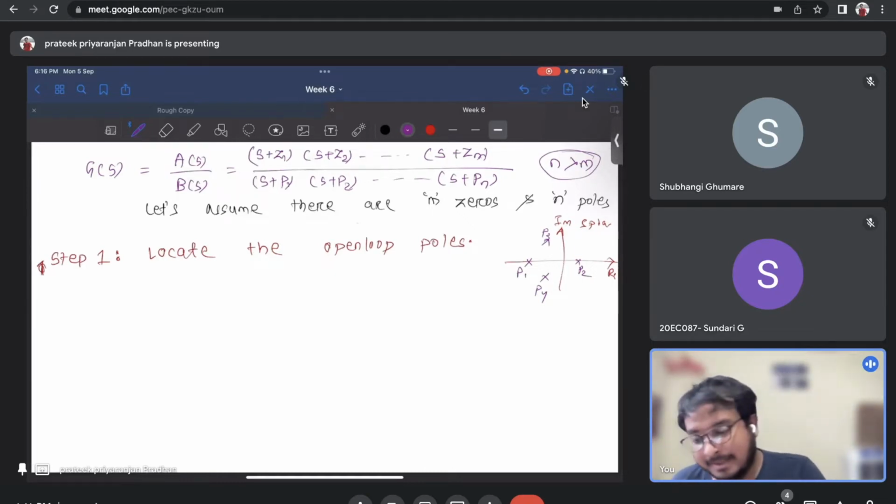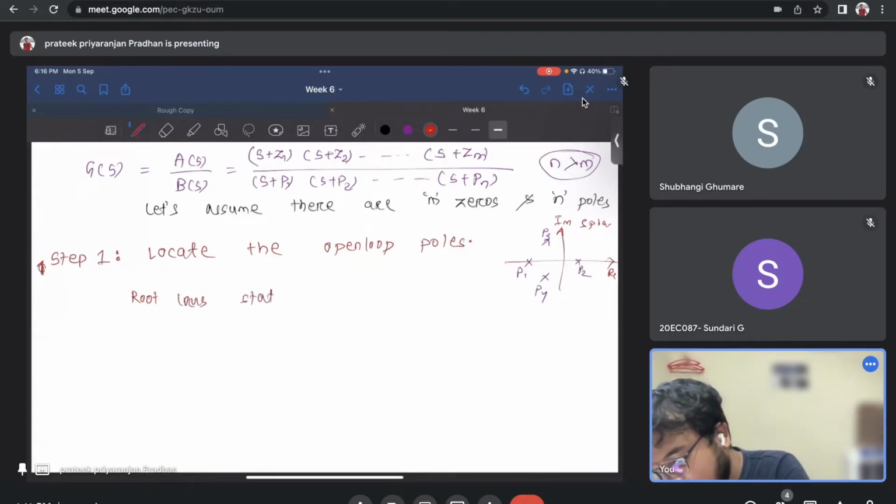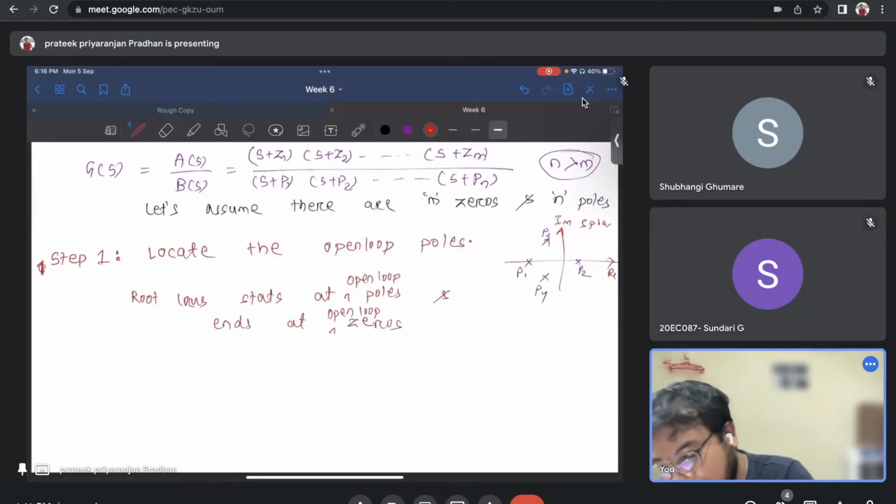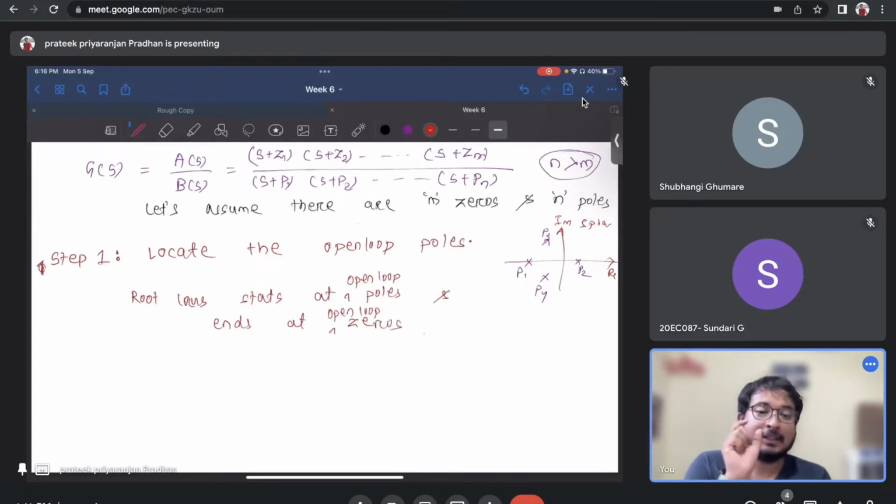And you must know the root locus starts at poles and ends at zeros, the open loop poles and the open loop zeros.